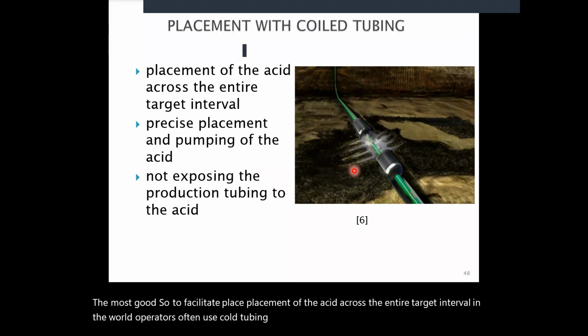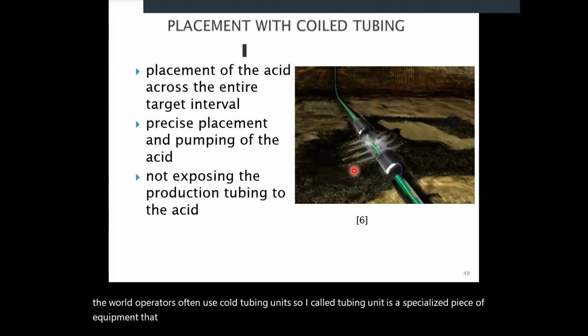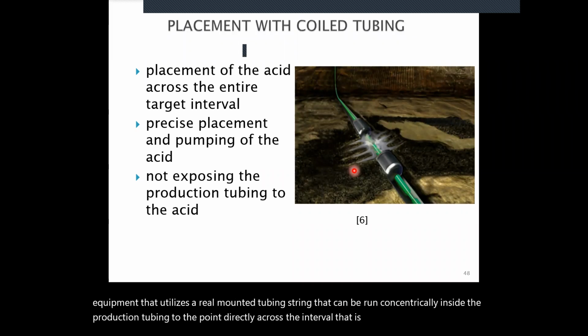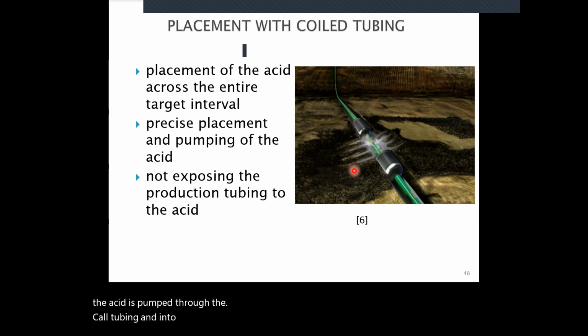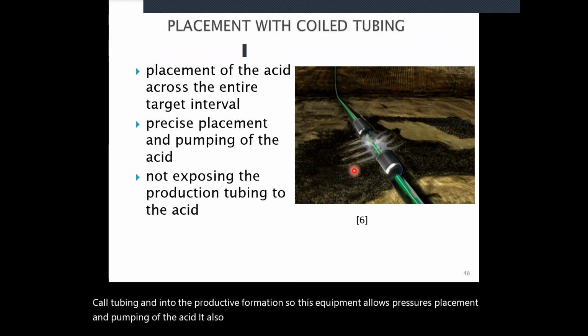A coiled tubing unit is a specialized piece of equipment that utilizes a reel mounted tubing string that can be run concentrically inside the well production tubing to the point directly across the interval that is targeted for the treatment. So the acid is pumped through the coiled tubing and into the productive formation. This equipment allows precise placement and pumping of the acid. It also provides the added benefit of not exposing production tubing to the acid.